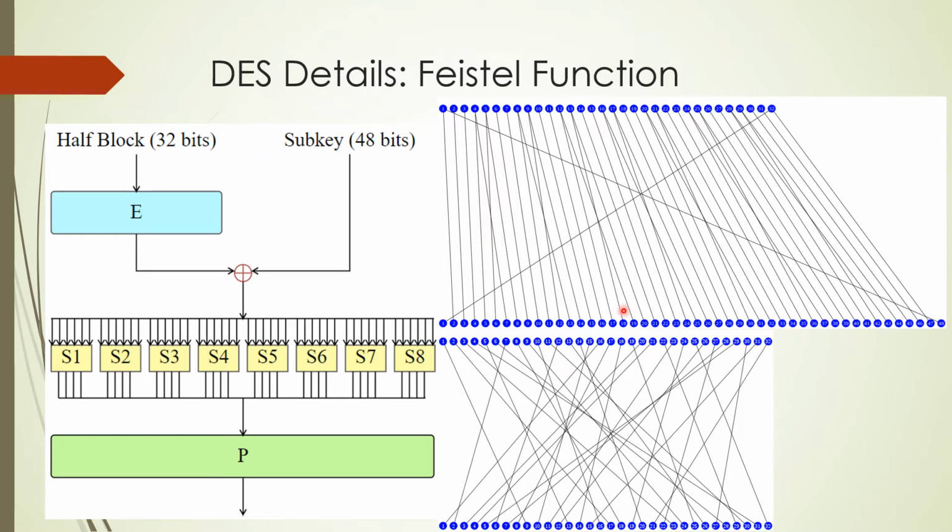As you see, it extends the 32-bit half block to 48 bits so that it has the same exact length as the subkey, so we can do a bitwise exclusive-OR operation on them. So that's kind of an extender. And this P block is going to do some kind of permutation on the outcomes of the S-boxes to create the output of each round.